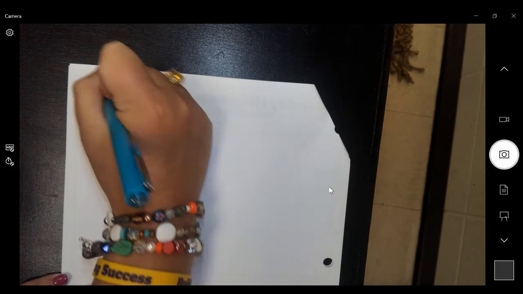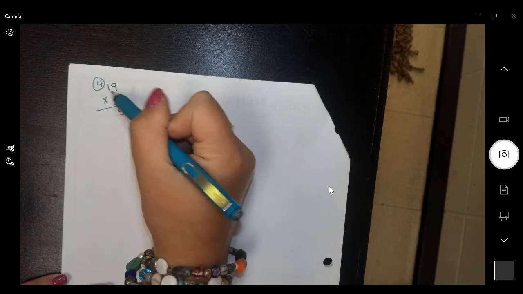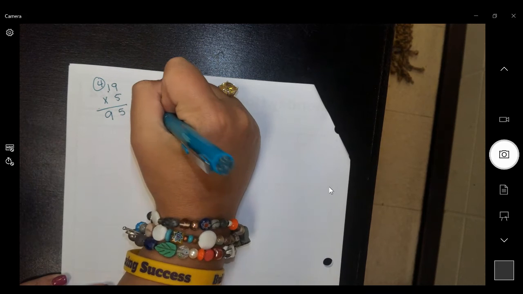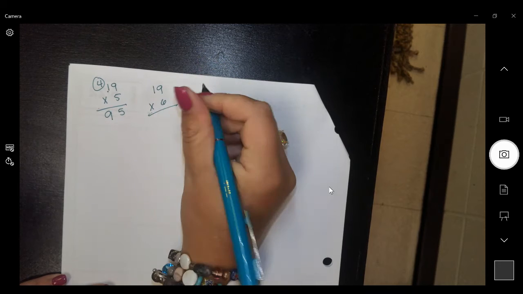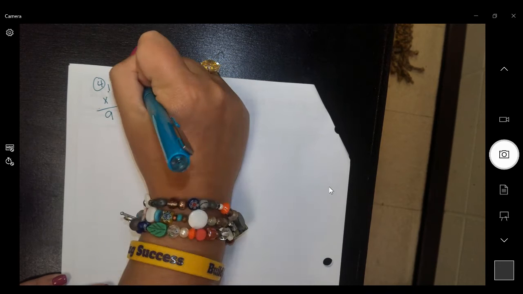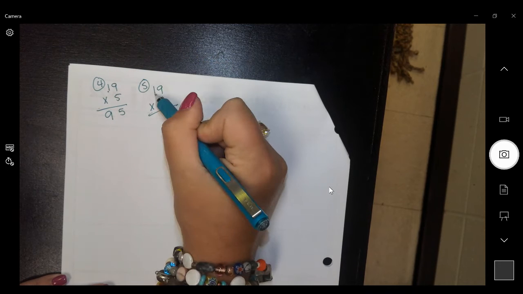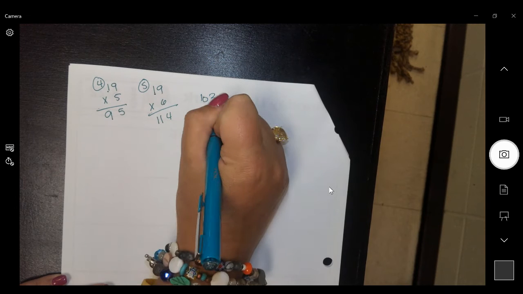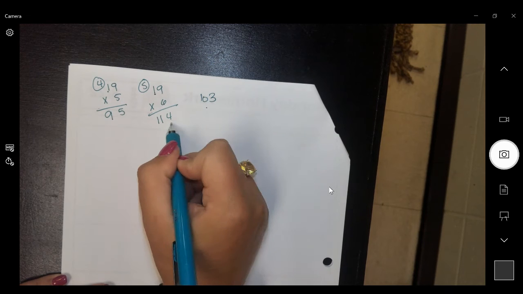So 9 times 5 is 45. 5 times 1 is 5 plus 4 is 9. That's 95. If I do 9 times 6, 9 times 6 is 54. And 6 times 1 is 6 plus 5 gives me 11. We were looking for something close to 103. 114 busts, so I have to go with the 5.